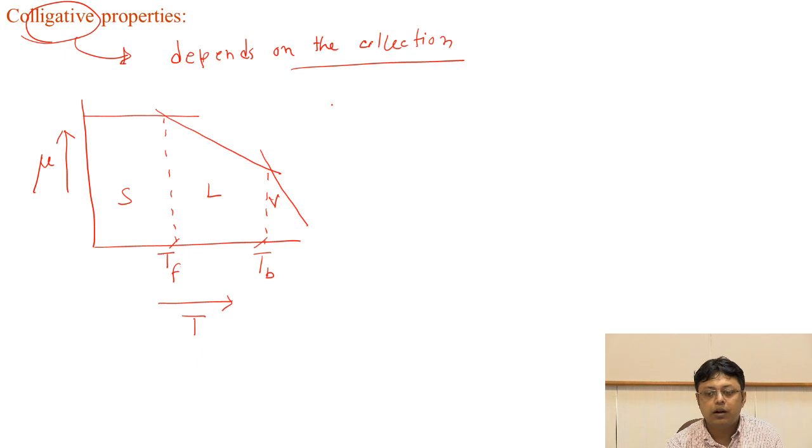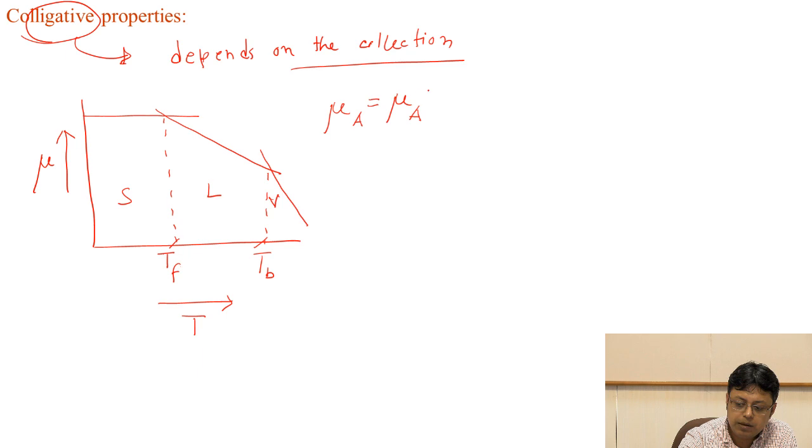Now suppose we are adding some solute to that liquid. What will happen is that initially the chemical potential of the pure liquid will be equal to mu a star, because the equation is mu a equals mu a star plus RT ln XA.